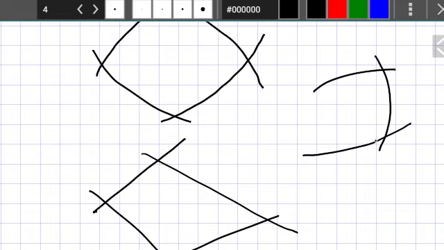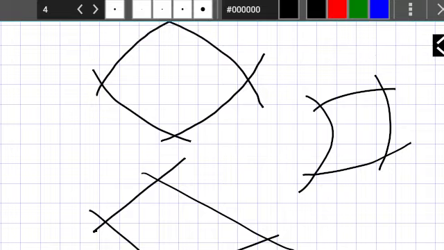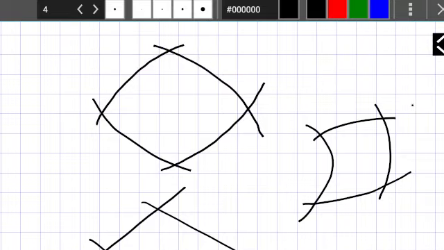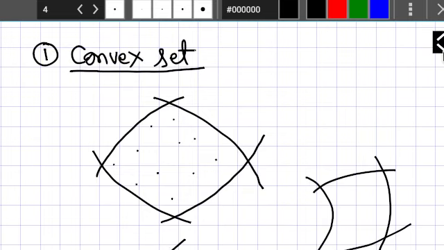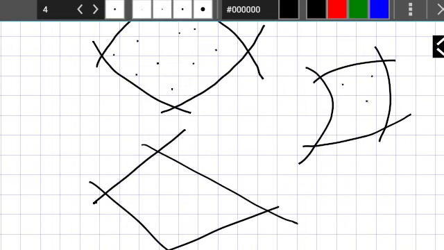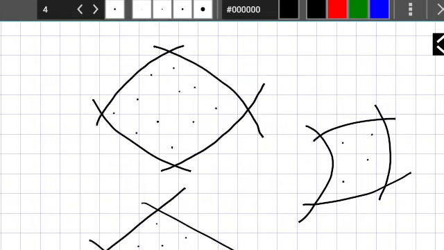All the points falling in this area are the set in which we are interested. This is a set of points, all the points inside here also.